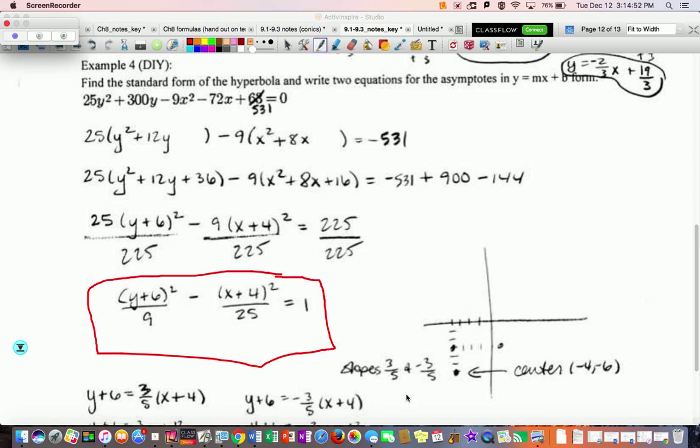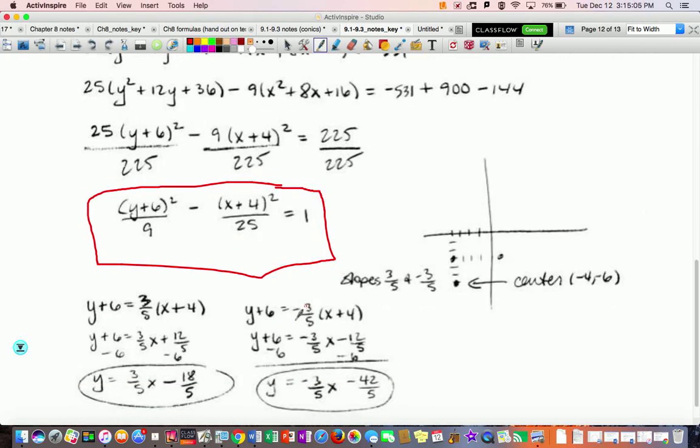So the slopes are 3/5 and negative 3/5. So I'd write my standard form like this. You might put the 6 over here as a negative 6, but when you do the work, you end up getting these two equations, 3/5 x minus 18/5, negative 3/5 x minus 42/5. And if you have the decimal, that's fine.